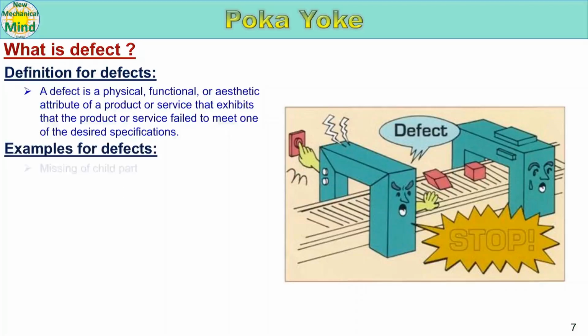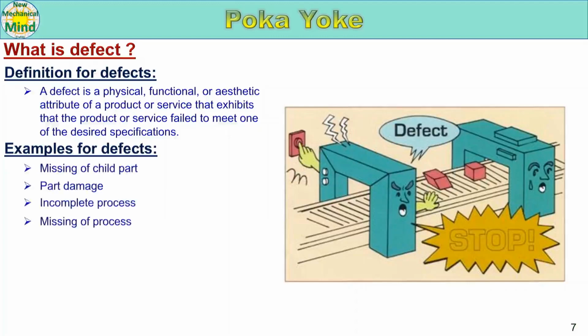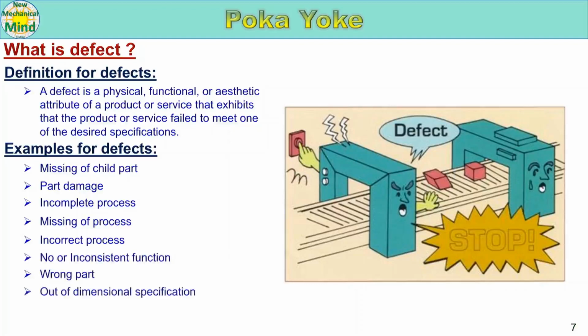Examples of defects: missing child part, damage, incomplete process, missing process, incorrect process, no or inconsistent function, wrong part, out of dimensional specification, color variation, variation in physical or chemical property, etc. These are all examples of defects.